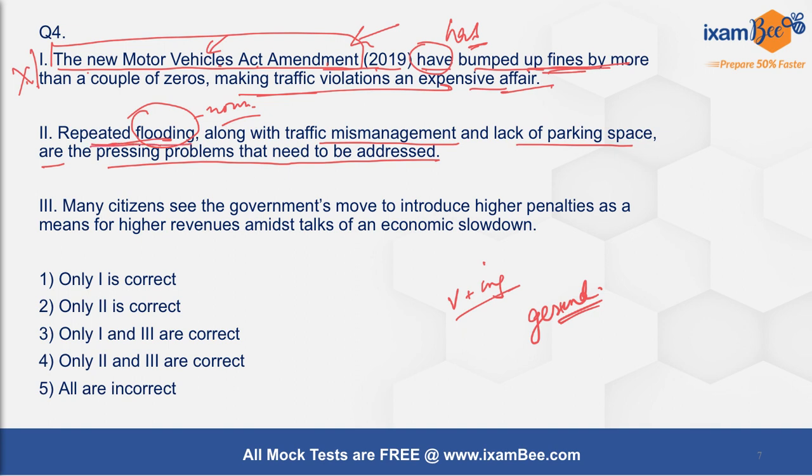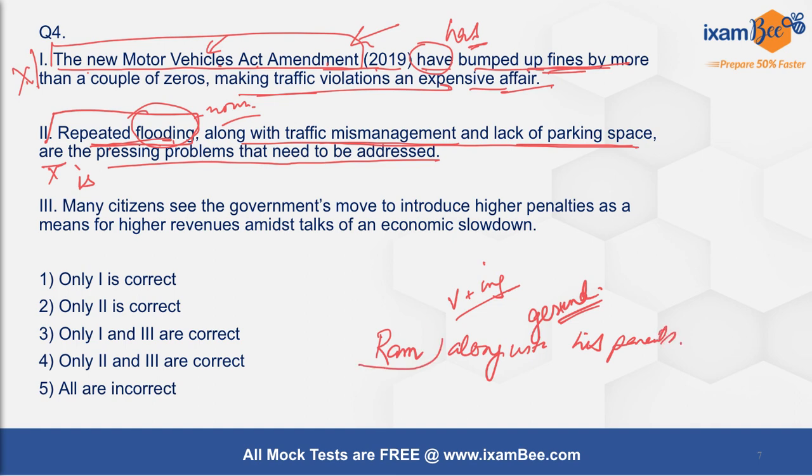So this repeated flooding is the subject here, and it is singular. 'Are' is wrong, it should be 'is', because when we say Ram along with his parents, the actual subject is Ram only. Ram along with his parents is. Ram and his parents are.